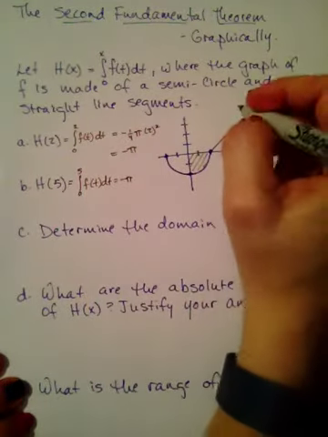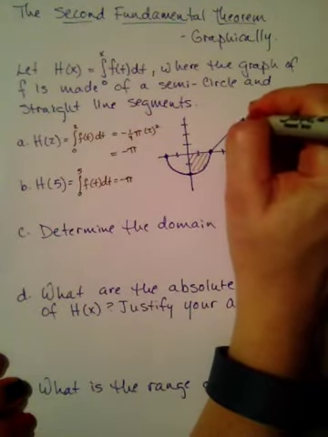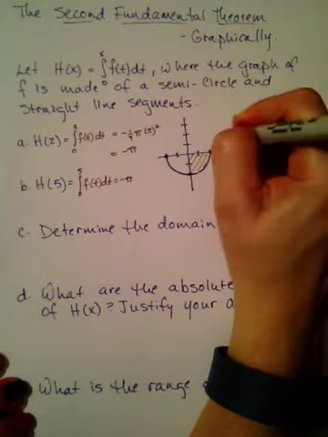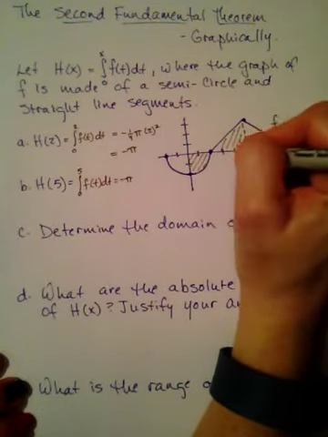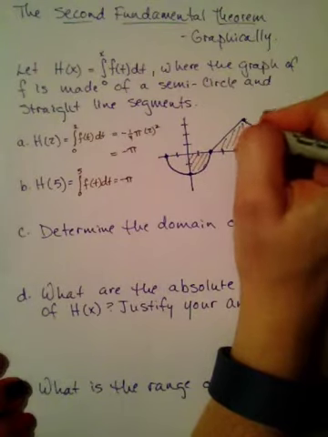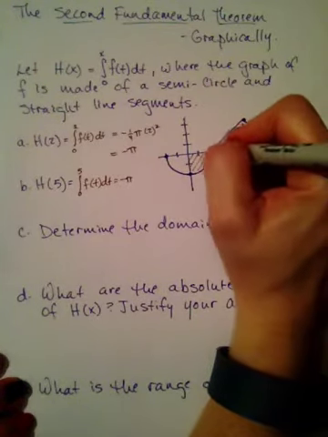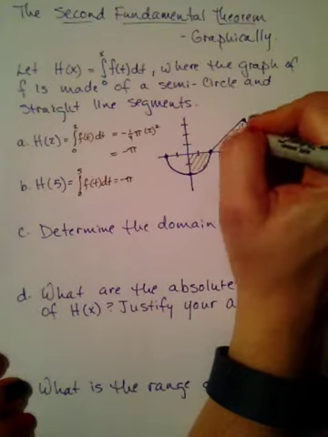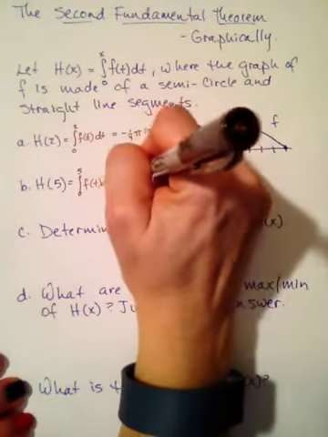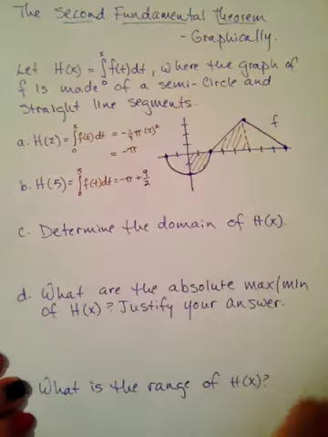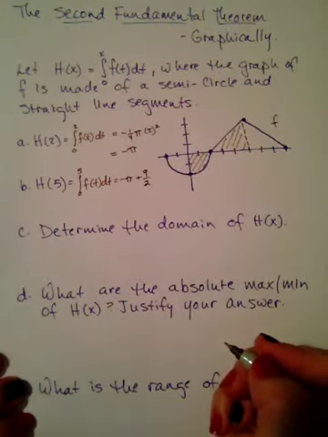And then I need to add in the area all the way to 5. So I'm going to add this area in here. Well, the base of this triangle is 3, and the height is also 3. So the area is 1/2 times the base times the height. So 3 times 3 is 9, divide by 2, and we have plus 9/2. So there's my h of 5.